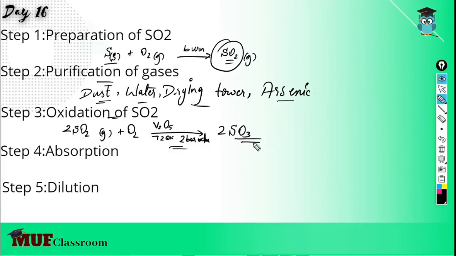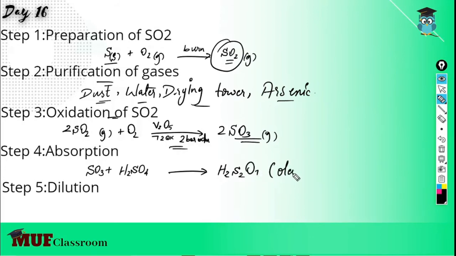Now this SO3 formed is again gaseous. This SO3 is now sent to absorption, where it is absorbed in concentrated sulfuric acid in an absorption tower. So here we have SO3 plus H2SO4, and we get oleum, that is H2S2O7.